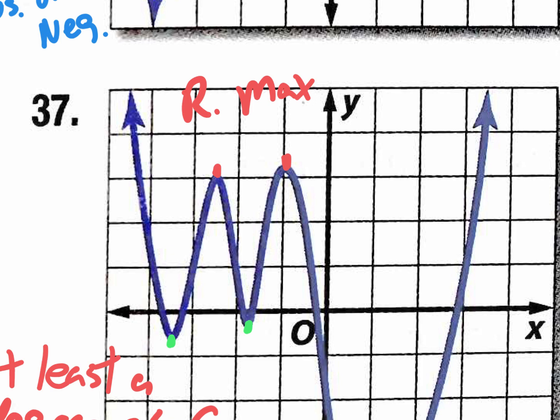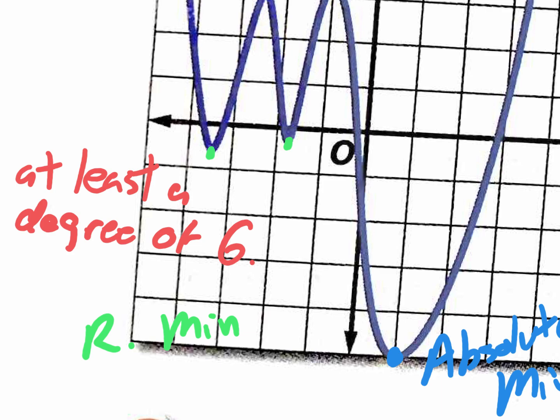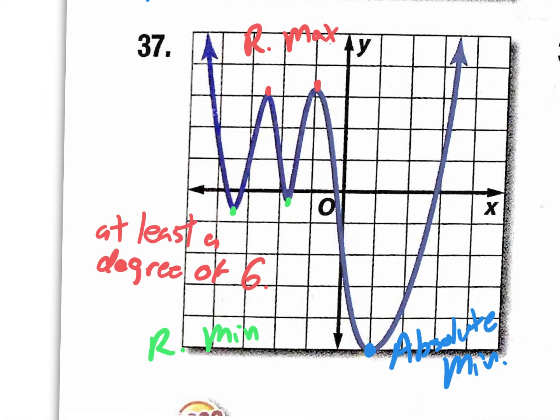No, it goes up forever. Now, if you're looking at the minimums, this is a minimum for that part of the graph. This is another minimum for that part of the graph. But if you look at the whole graph, the absolute minimum of the entire thing is this guy right here, right? There is no other point because there's no arrows that point down. Everything is at this minimum value of -5 or above.